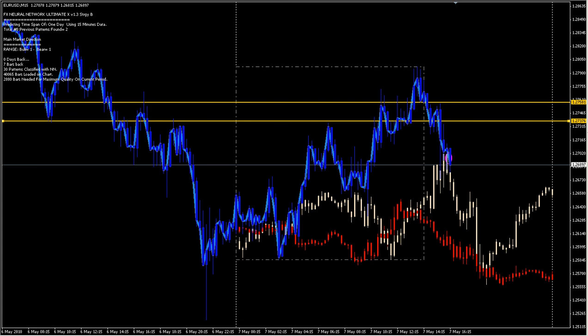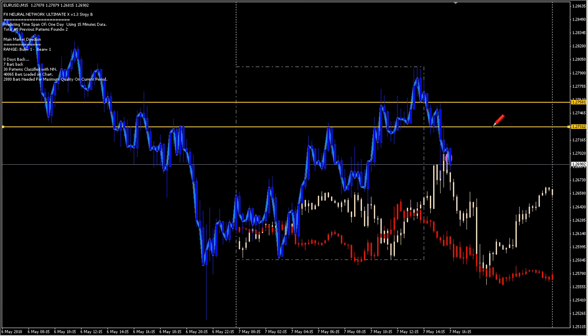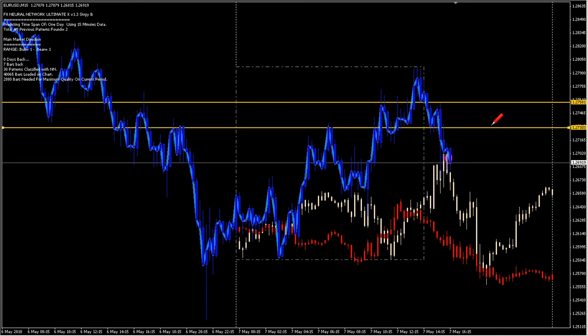Then the next entry short, these were two different entries, one at 127.30, which is this one about there.